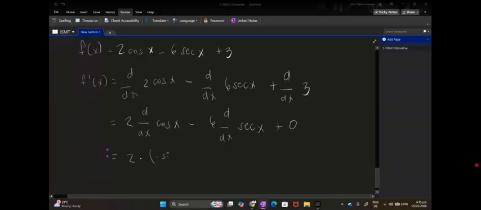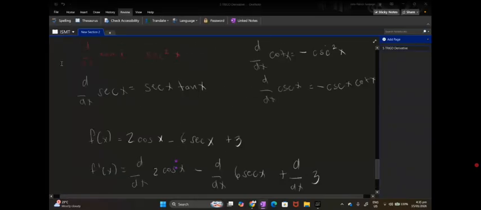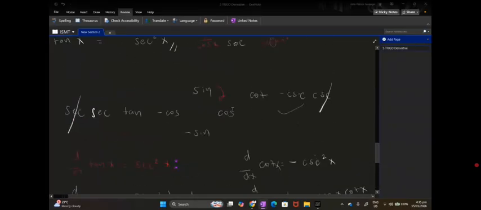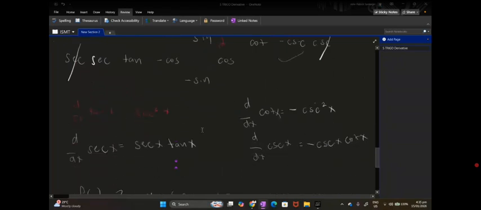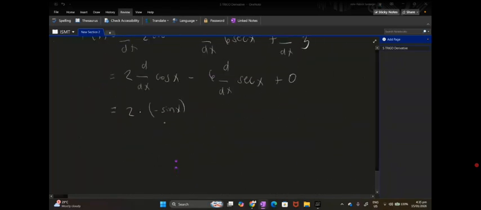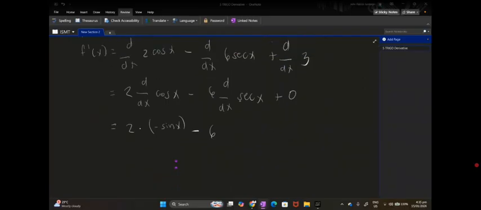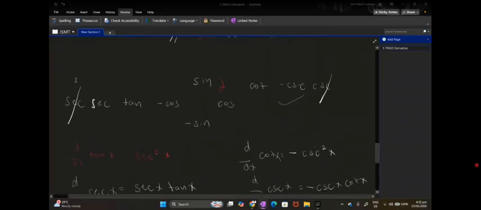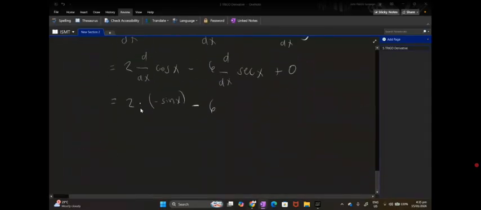It's negative sine x. Balikan natin here. Derivative ng cosine of x is negative sine x. Minus 6, derivative ng secant x. Pag binalikan natin here, derivative ng secant x is secant x tangent x.